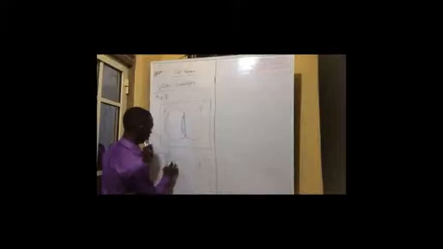The next one is A union B. Let me call this my set A, also my set B. Now, what would be the region of A union B? My A union B would be this region.